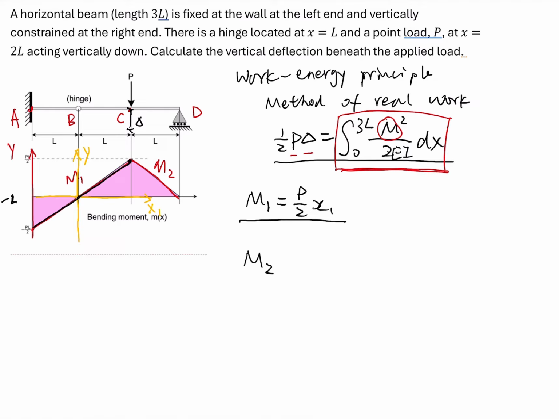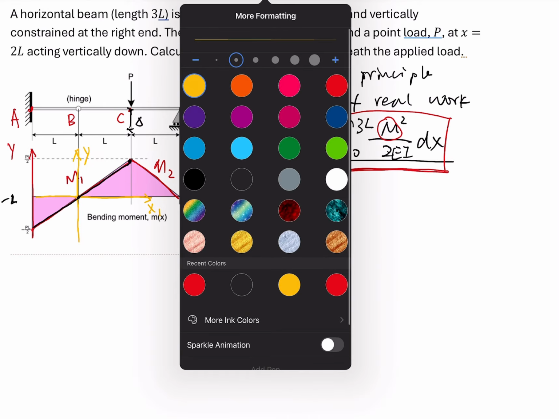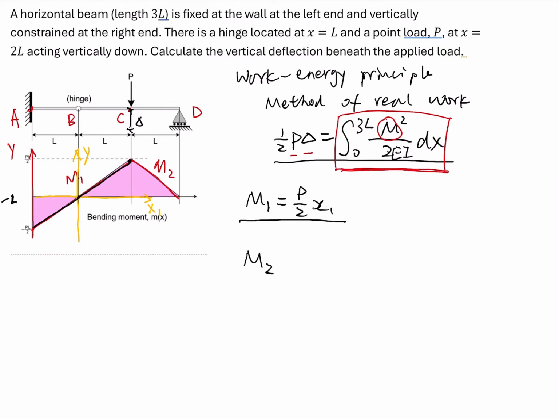Then we need to find M2. I don't want to use the y-x1 system because it is not easy to find the function of M2, so I build a new coordinate system, with x2 and y2.